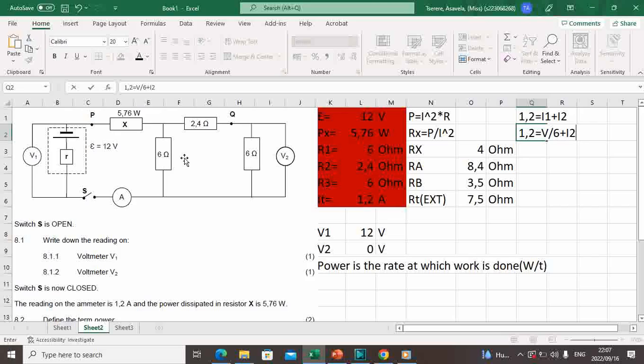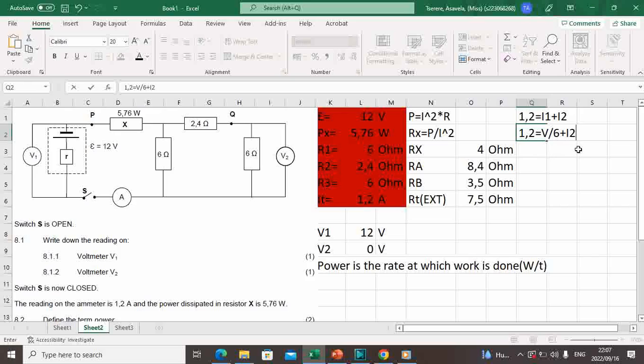We now have to remember that the voltage across this resistor is also the same as the voltage across these two resistors. That is the property of the parallel part.